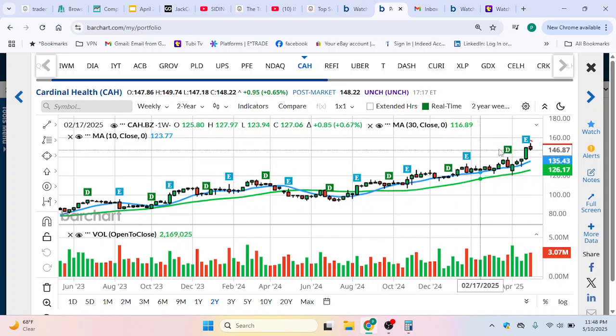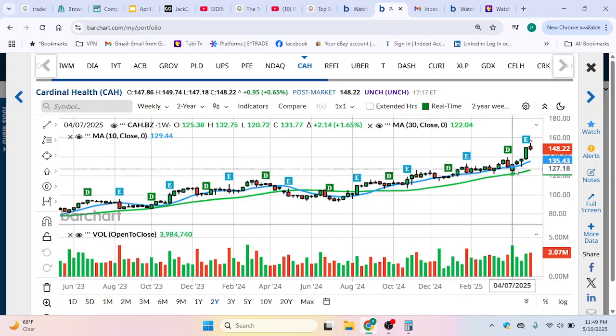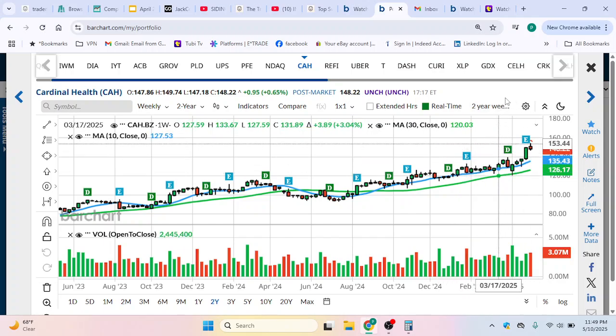So this is another very strong healthcare stock that I was involved in back here in the 120, 122 area. Okay. So because I had such a nice relative cost basis, I've now been able to profit off of Cardinal Health, even though the healthcare industry has been kind of beaten up.